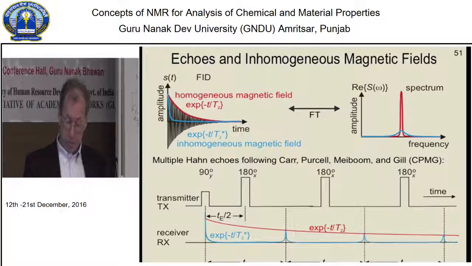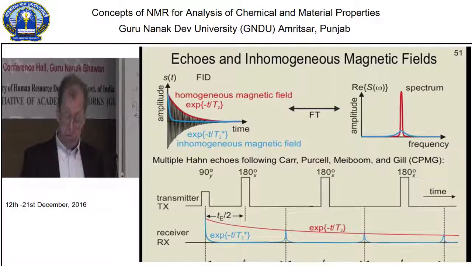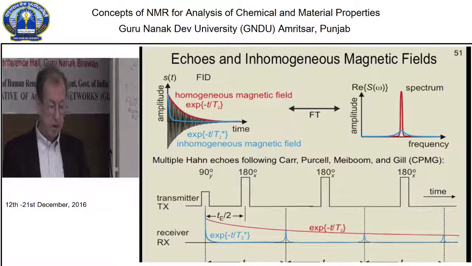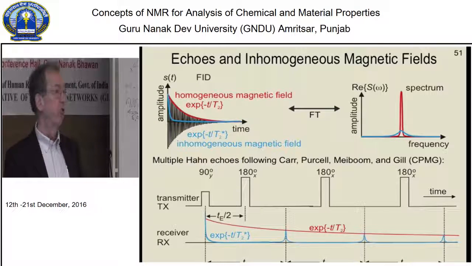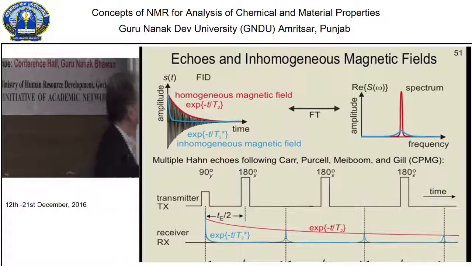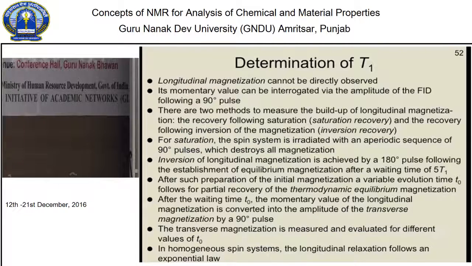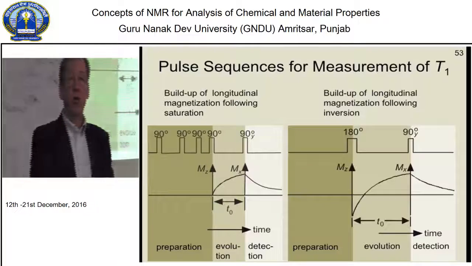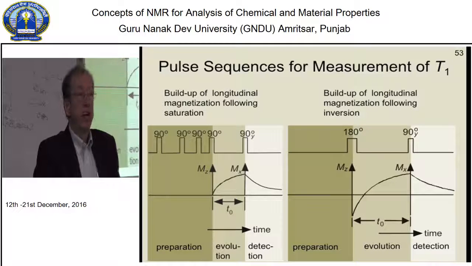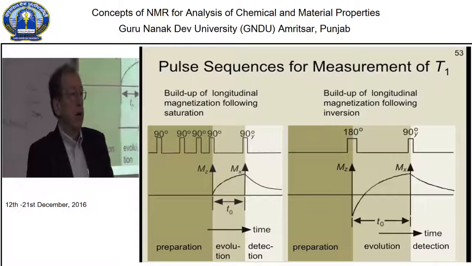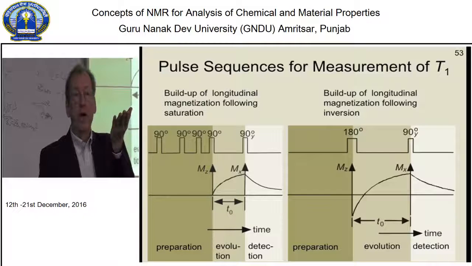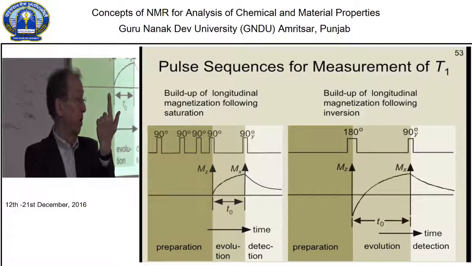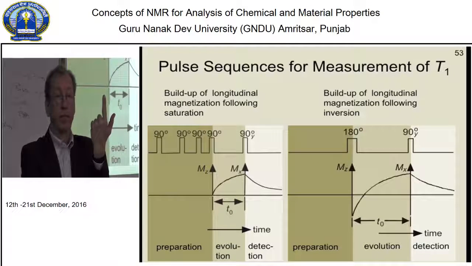Okay. So let's move on. We have looked at how to measure T2, and now let's figure out how to measure T1. And T1 is the longitudinal relaxation time. It's the time when you put a sample that has no magnetization into the magnet and you want to wait: when can I start measuring, when is my thermodynamic equilibrium, when have the spins aligned parallel or anti-parallel to the magnetic field, according to the Boltzmann distribution.